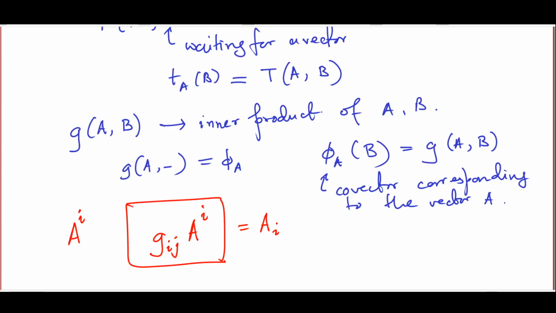Specifically, this particular covector is called the covector corresponding to the vector A, and when you write it in components, you just use the same symbol, you just use a lower index as opposed to the upper index which you use for the vector. And this is exactly what we meant when we said G_ij lowers indices. And just by the same token, the inverse of G raises indices.